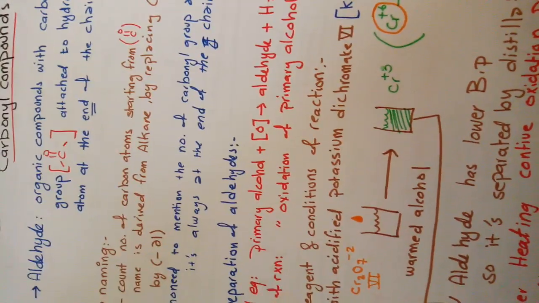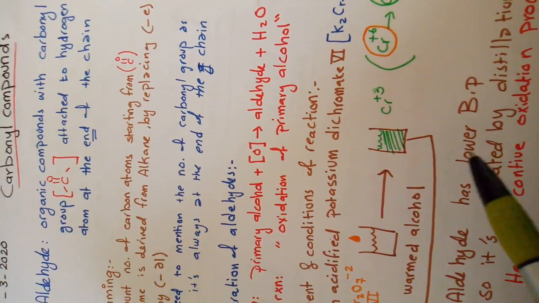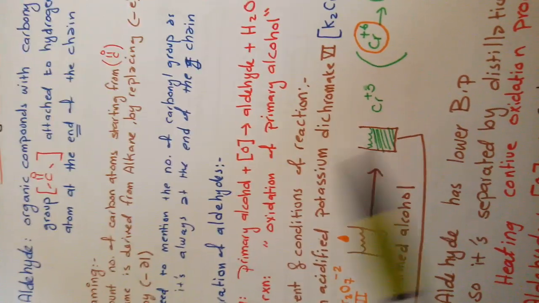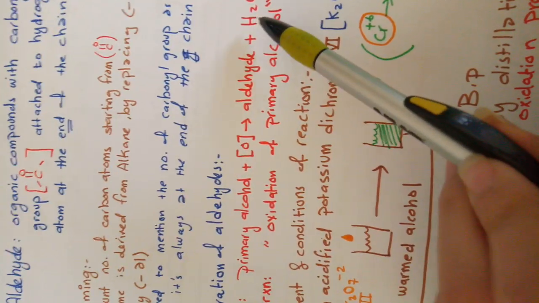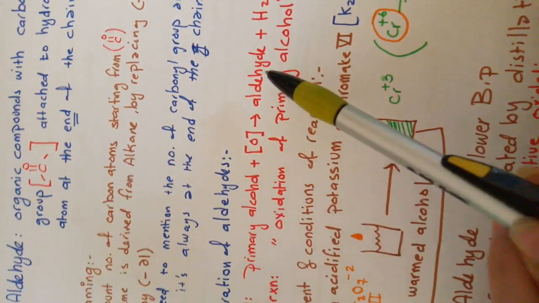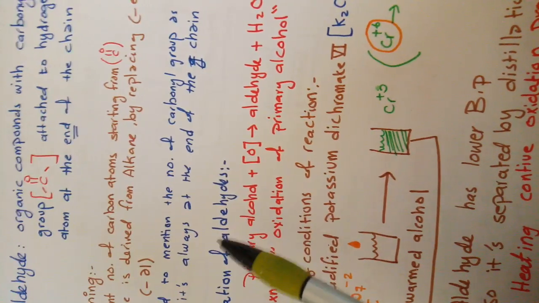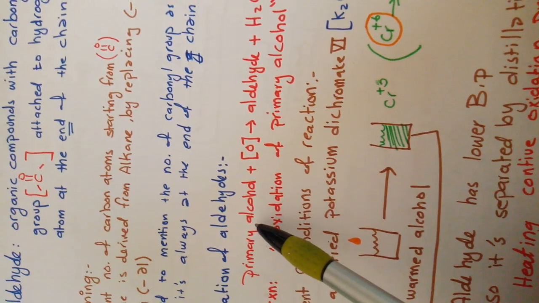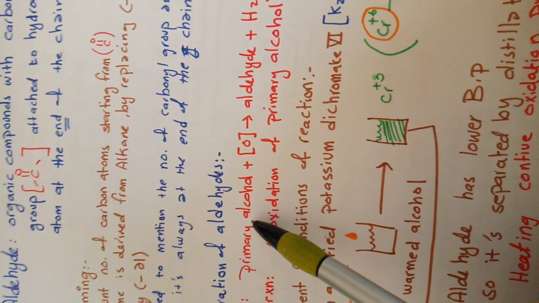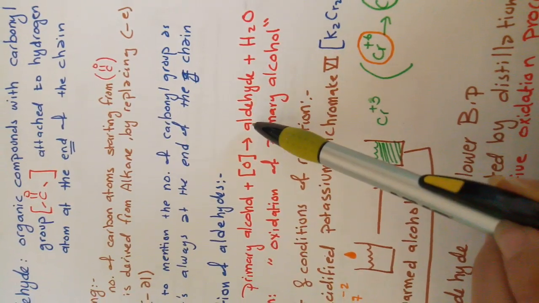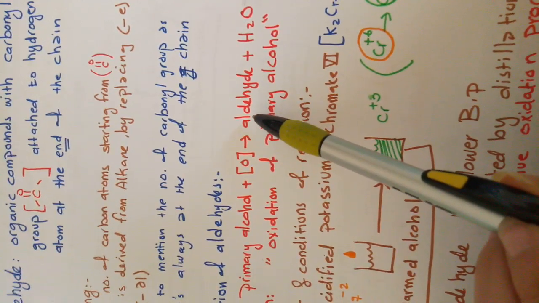Okay, this aldehyde has a lower boiling point as the intermolecular force for it is different. What's the difference between the intermolecular force for that aldehyde and the other constituents in our chemical reaction? Here we have OH, so the intermolecular force here is hydrogen bonding, and here also it's hydrogen bonding, while here we have permanent dipole.